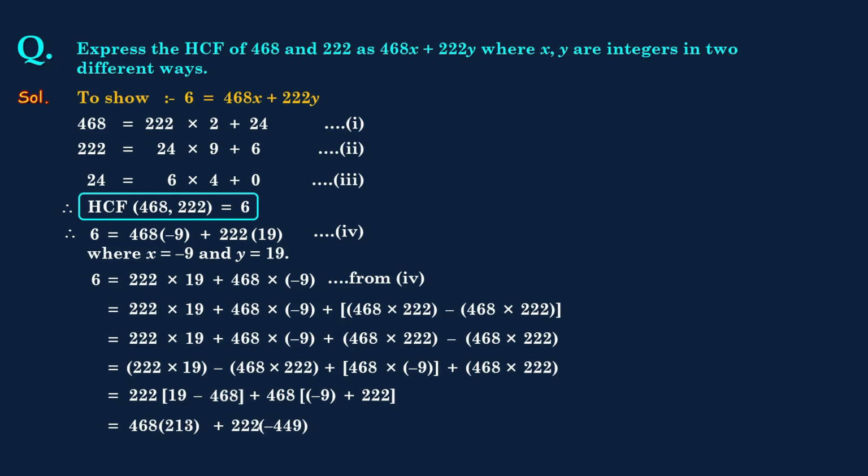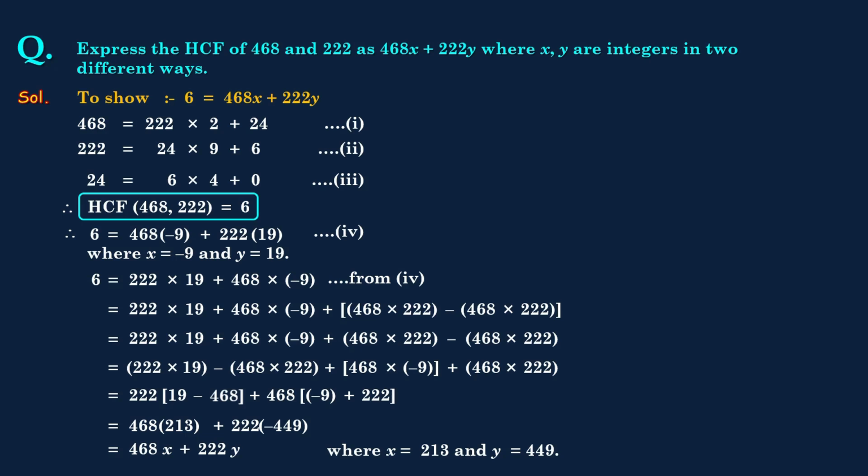So this is another form of representing the 6. Okay. So here if we compare this with x and y, then x will be 213 and y will be minus 449. Since they have asked us to represent in two ways, so this is another way.